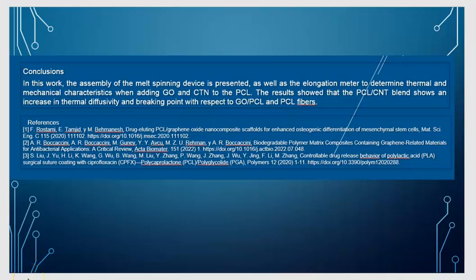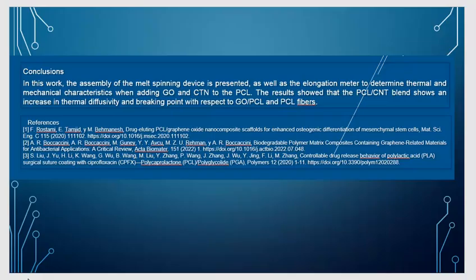In conclusion, in this work, the melt spinning device is presented, as well as the system to determine thermal and mechanical characteristics when adding graphene oxide and carbon nanotubes to the polycaprolactone.